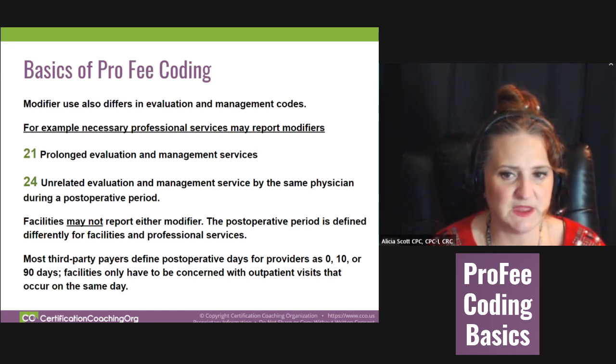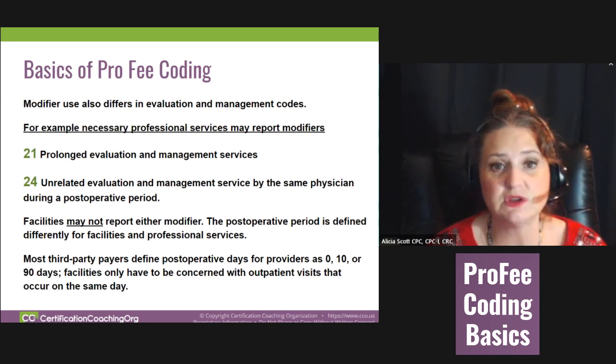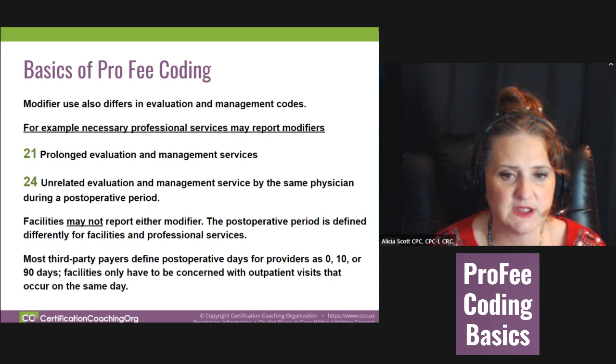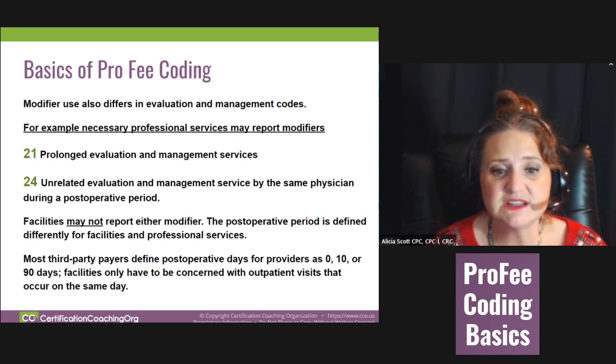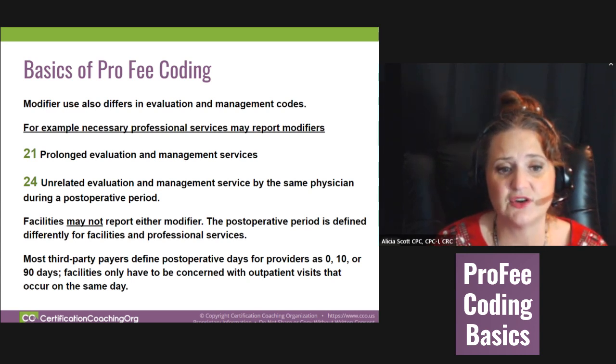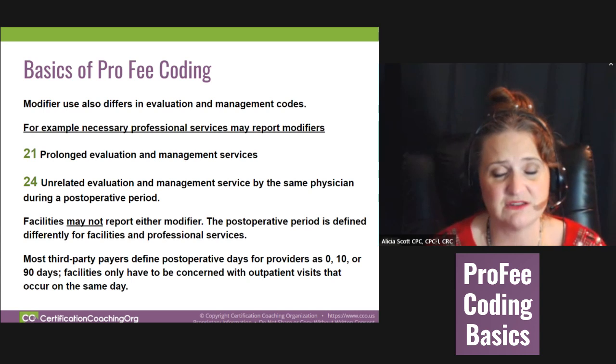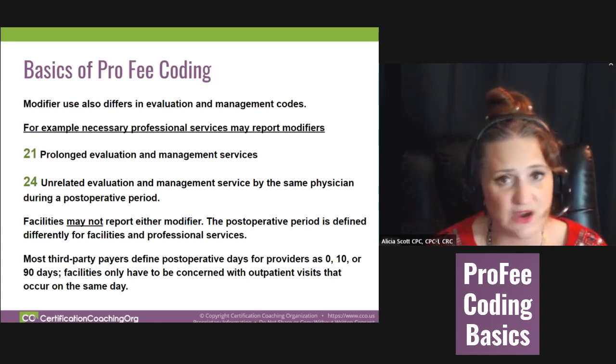I'm trying to think of something that would have a smaller global period. Maybe you can let me know. Give me an example of a 10-day global period that you would get post-operative. But facilities only have to be concerned with outpatient visits that occur on the same day. That's all. ProFee's a whole lot different.